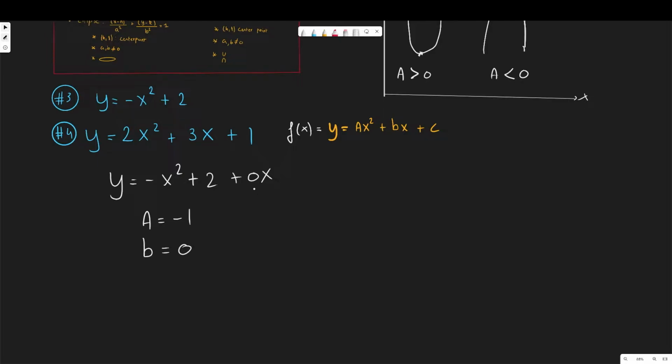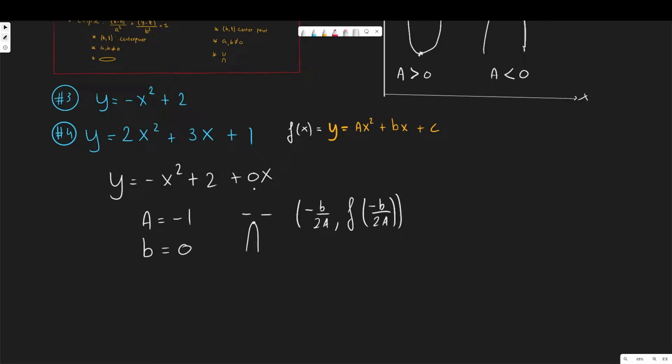Because our a coefficient is a negative number, so a is negative, we're going to deal with a concave parabola. Remember the sad face? The only thing left for us to do is calculate the highest point of that parabola, which is denoted by our formula negative b over 2a for our x coordinate, and negative b over 2a filled in our function.